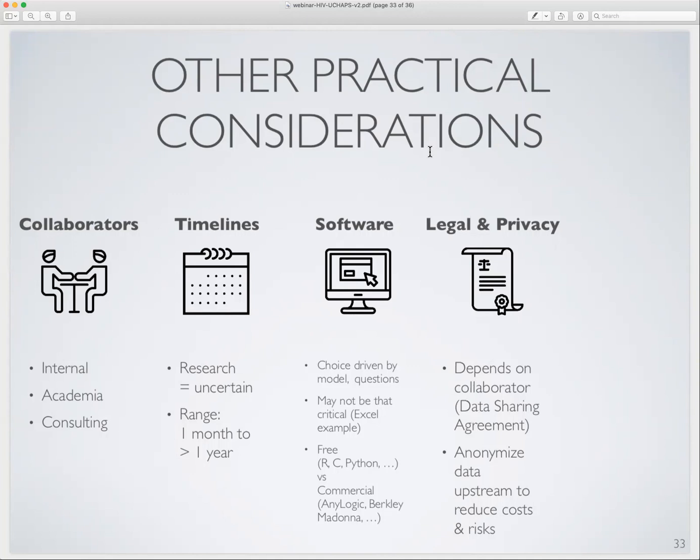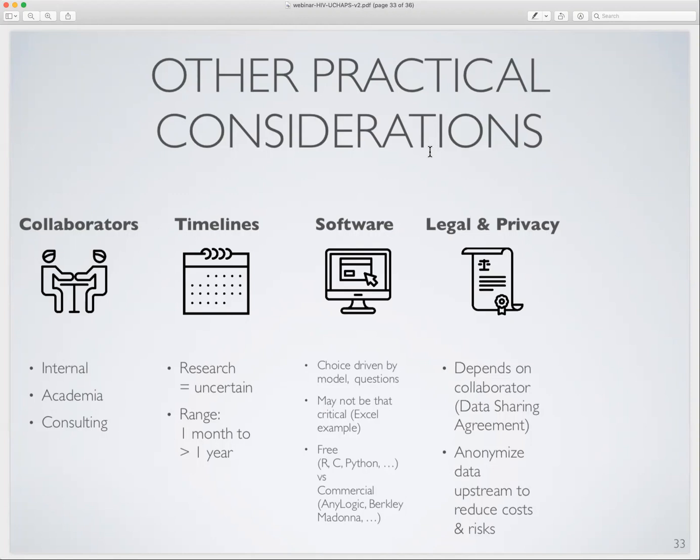For example, most of the time, models do not need identifiable information, like the name of the patient, their social security numbers, even birthday and so on. All this information is usually not necessary at all for the mathematical modeling. So anonymizing the data upstream, before any modeler can see it, is probably always a good idea. And there are also ways to do that with simple spreadsheets.